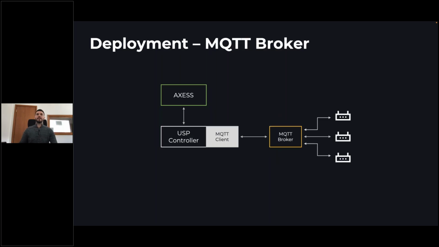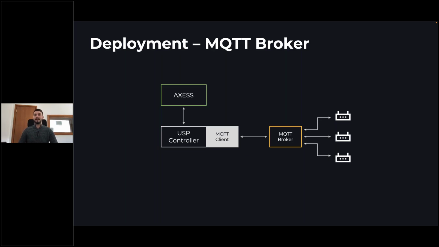While on the other hand, in case we have MQTT, we are reliant on an MQTT broker, which is provided by the customer. The benefit here for us is that we leave the robustness and connectivity handling to the MQTT broker.